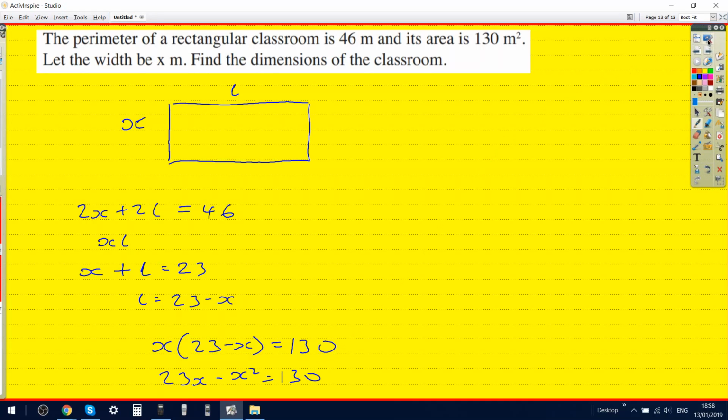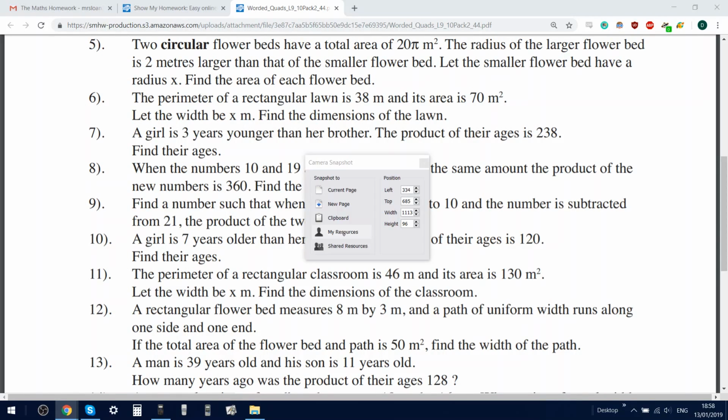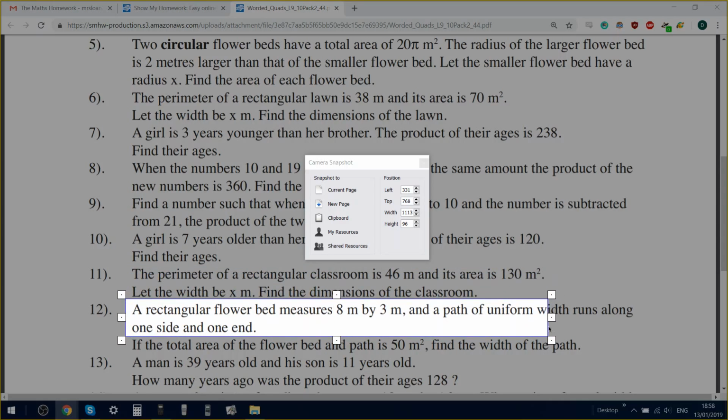If there's 2 minutes left, maybe we can just try and fit in question 12. Oh, that was 11. So let's see, 12. So that's a rectangular one. How do we do that?